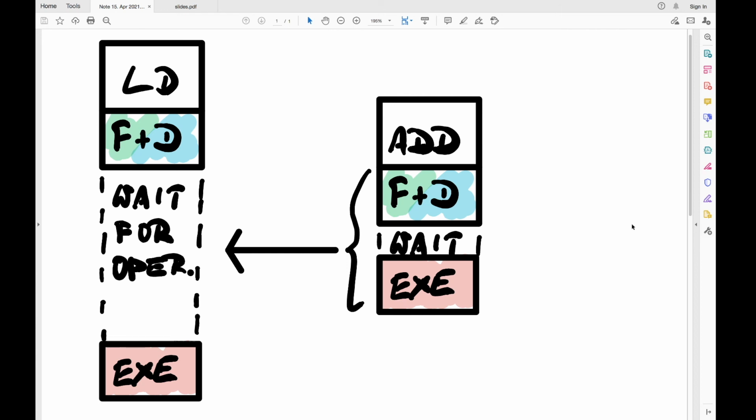The idea is that we have the load instruction, and then we have fetch and decode, followed by a significant wait time where we're waiting for the operands to become available. So the instruction potentially goes through a cache hierarchy and then goes into memory. There's a significant latency, but that latency actually manifests here while we're waiting for the operands to become available.